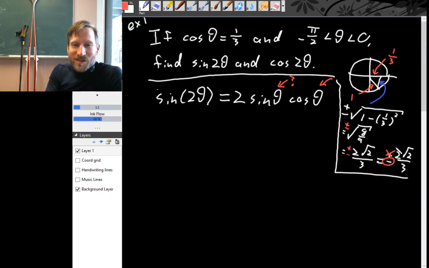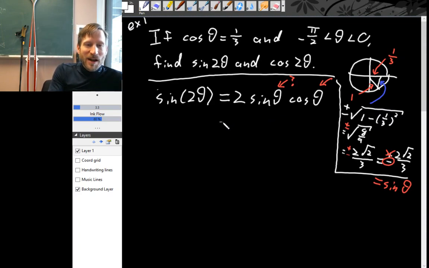And, of course, in this unit circle, the y-coordinate is actually sine. So negative 2 root 2 over 3 is sine of theta. All right, so now we do know sine of theta. We can put everything we know into the double angle identity here.